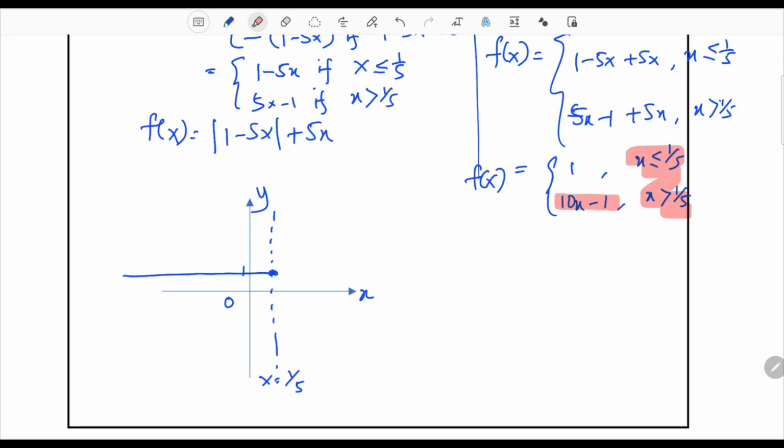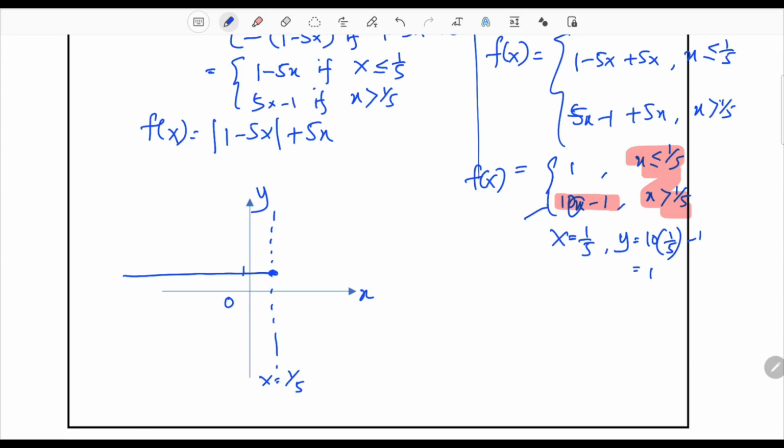If I substitute 1 over 5 in here, 10 times 1 over 5 minus 1, you want to see whether the two graphs are connected or not. We get 1, so it does connect.